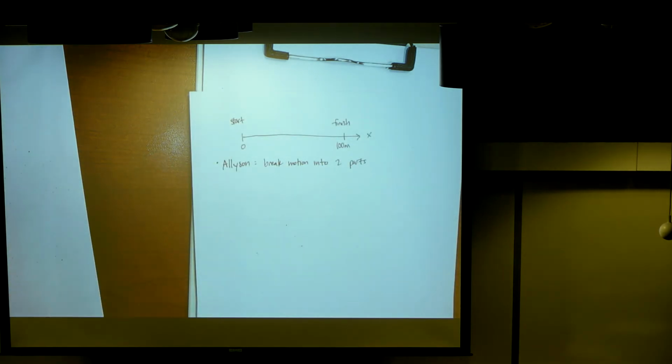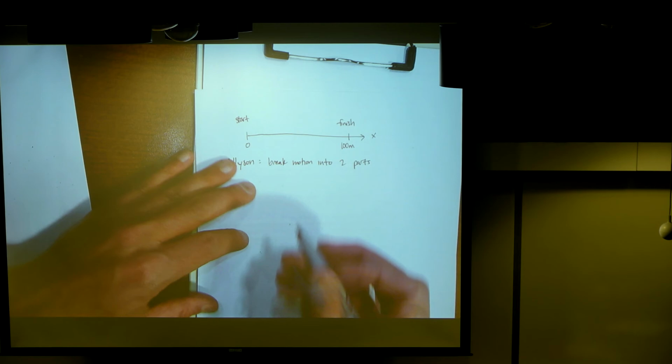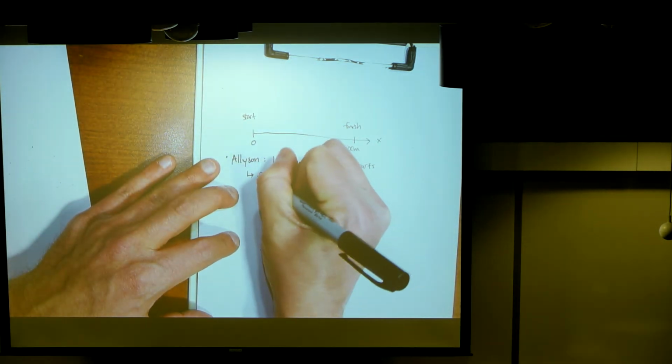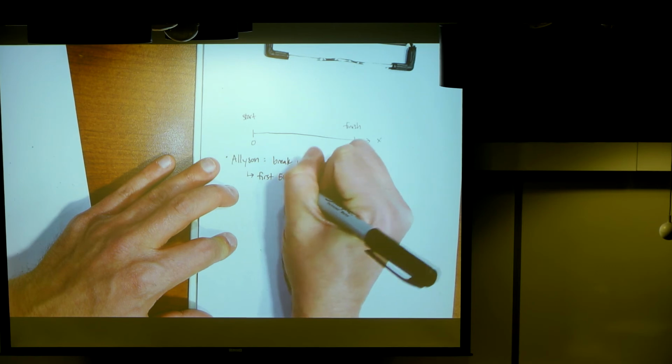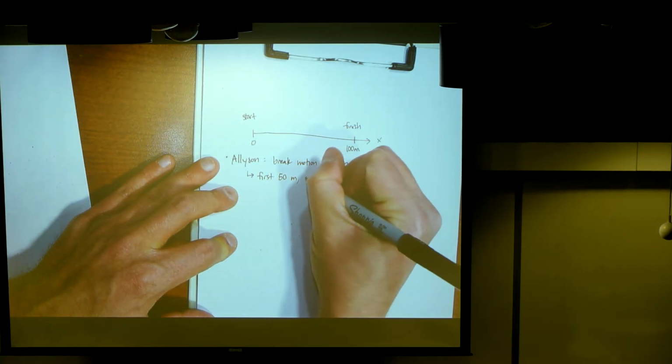The reason we have to do this is because, remember, for the first part of her motion, she's accelerating, and then for the second half of her motion, she's not accelerating. So we're going to take those as two separate pieces that we'll put together at the end. Okay? So the first part of her motion is that for the first 50 meters, she's accelerating.